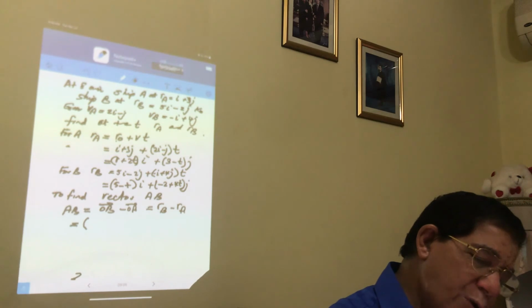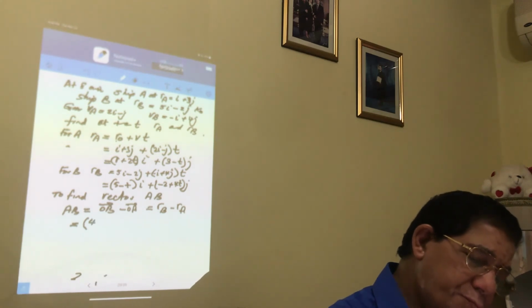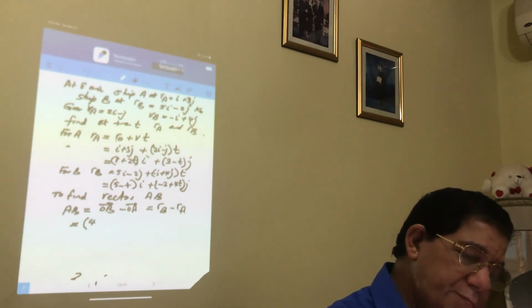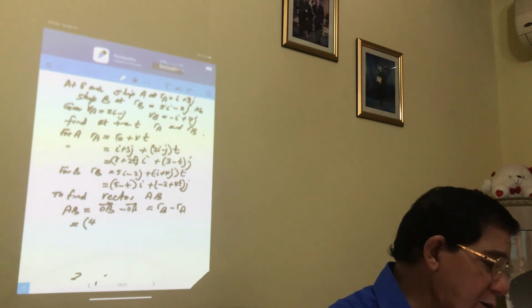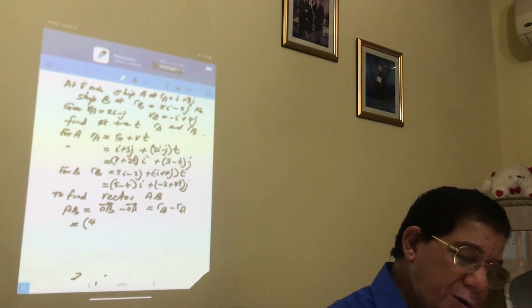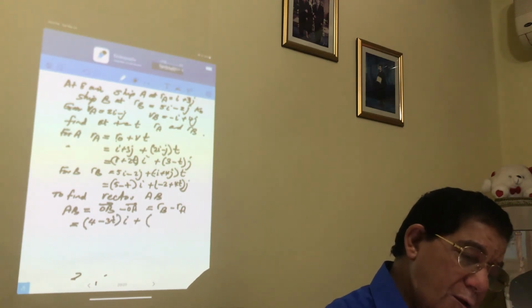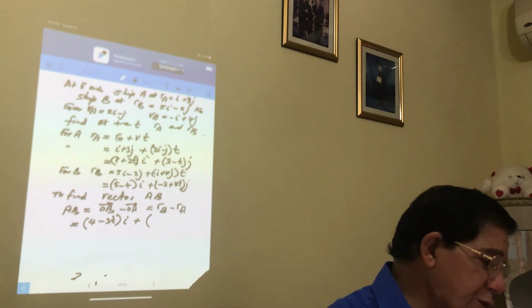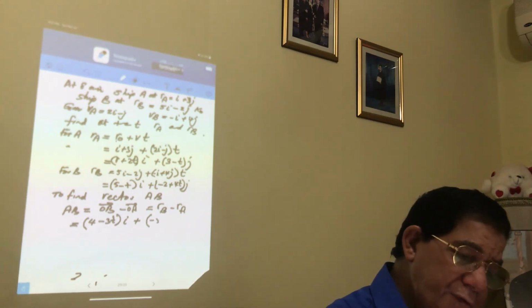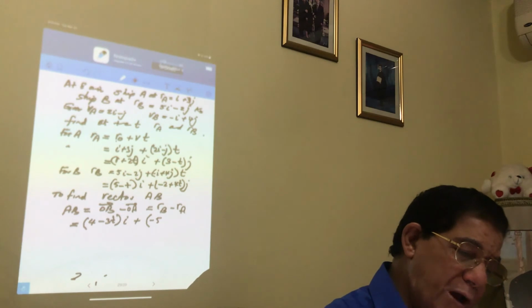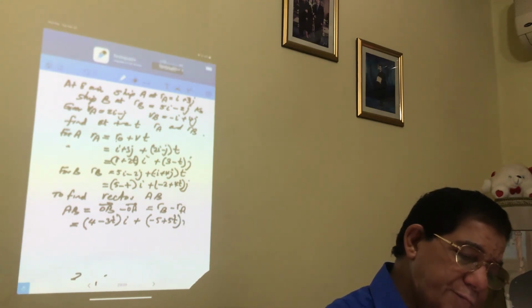Number 5 minus 1 is 4. Then t minus 2t is minus 3t, so we get (4 minus 3t)i. For the j's, minus 2 minus 3 is negative 5, and 4t minus (negative t) gives plus 5t, so (negative 5 plus 5t)j.